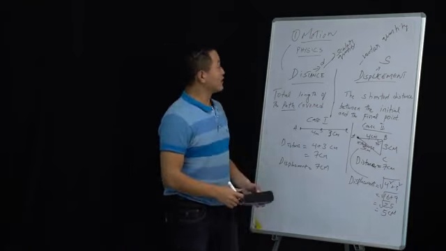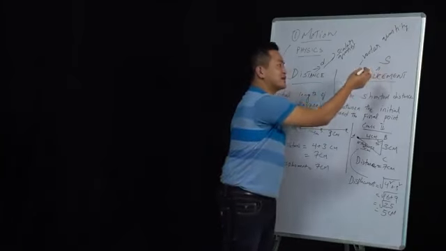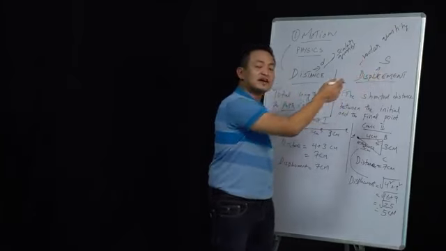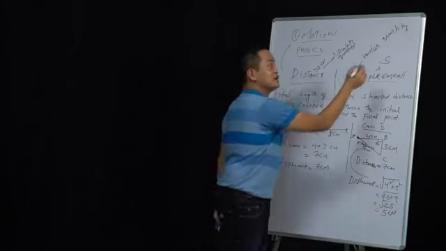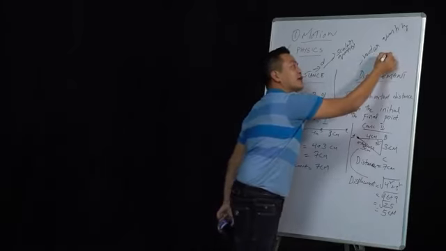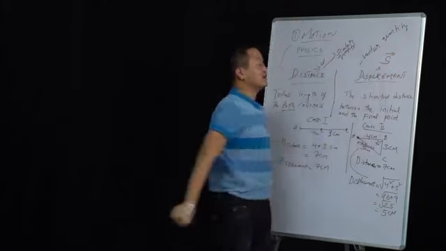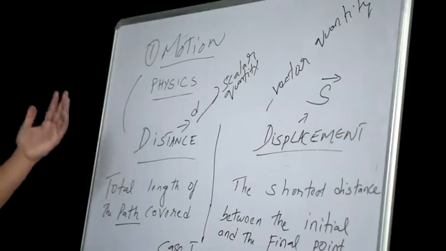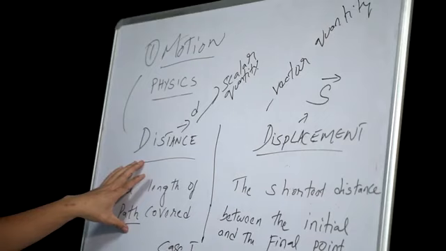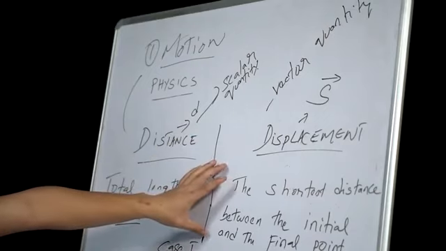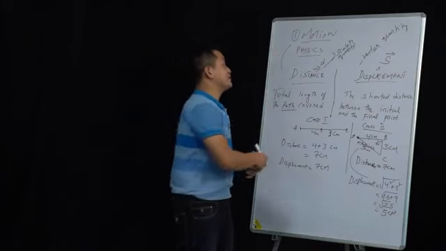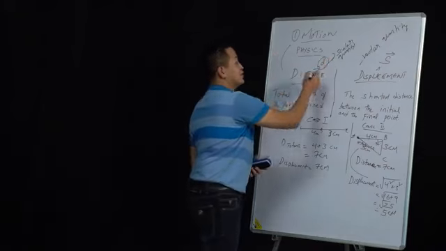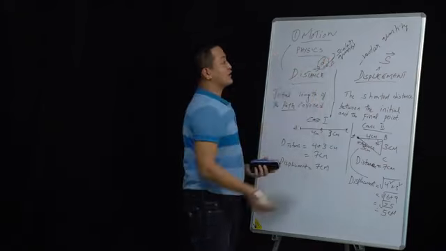Since displacement is a vector quantity and vector is dependent on direction, we'll give a bar or an arrow on top of the letter. Clear? Now we are clear with the definition of distance, the definition of displacement, and their representation. Distance is represented by a letter d, or you can write capital D as well.